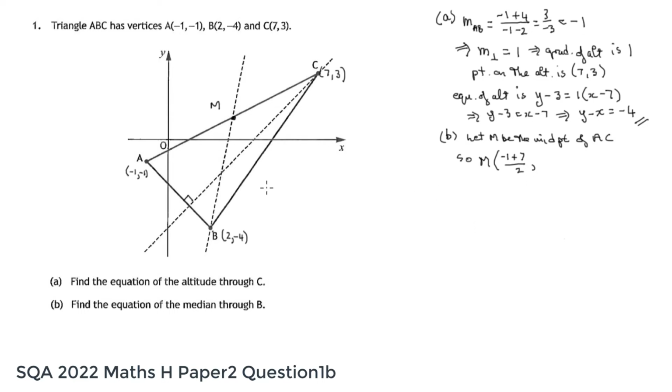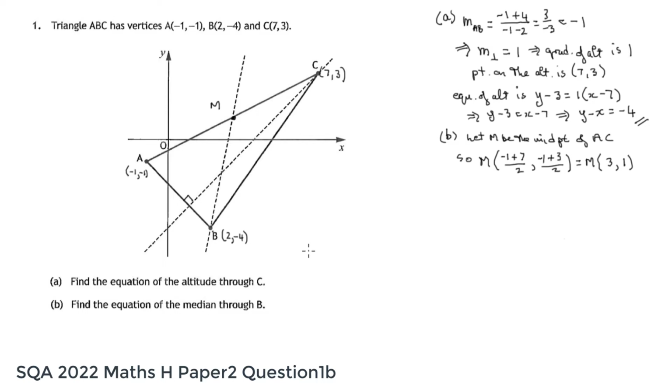And we do the same for the Y coordinates, -1 and 3. So it's -1 plus 3 divided by 2. And that's easily simplified. So for the X coordinate, that's 6 over 2, which is 3. And for the Y coordinate, that's 2 over 2, which is 1. So there's the midpoint of AC.